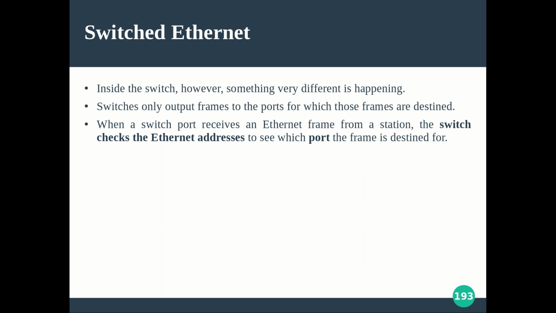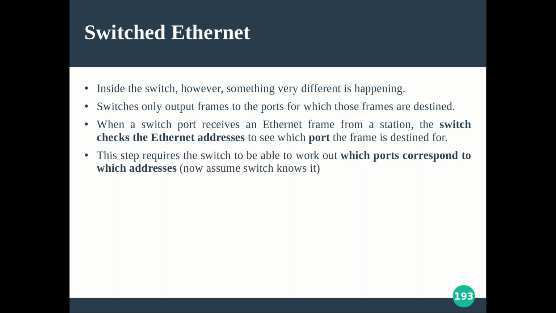When a switch port receives an Ethernet frame from a station, say from A, the switch checks the Ethernet address to see which port the frame is destined for. The destination is B in that example. This step requires the switch to know which ports correspond to which addresses.